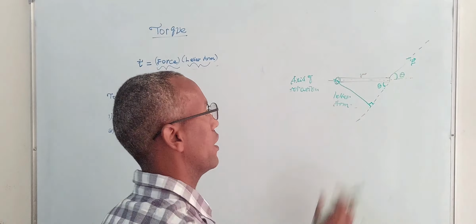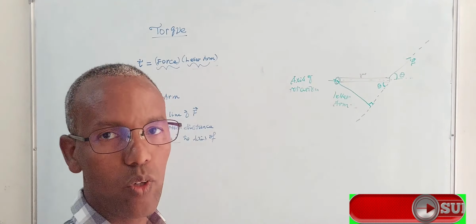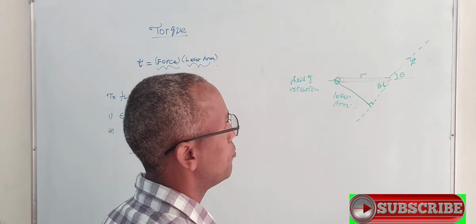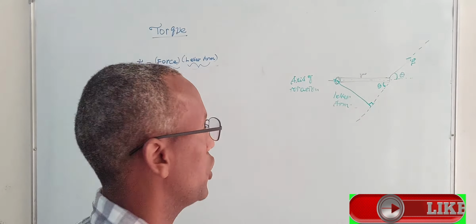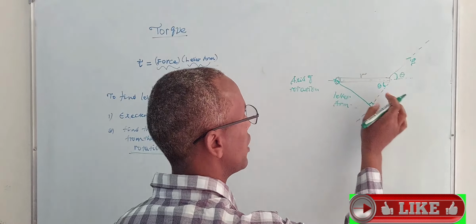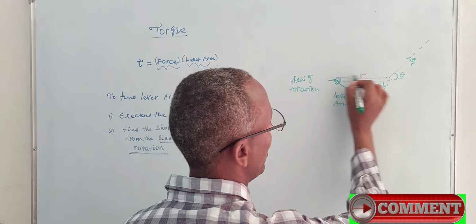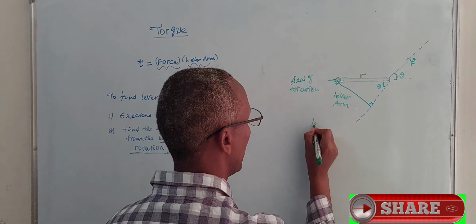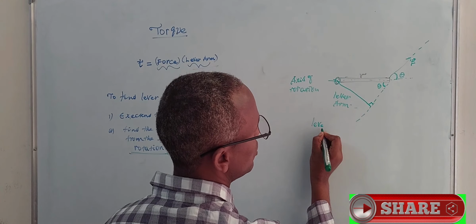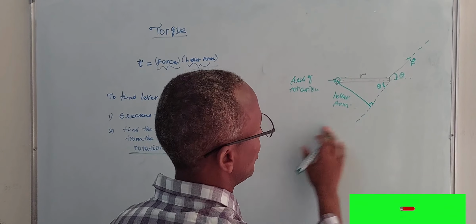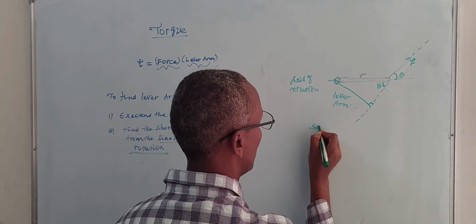I know this is a right-angle triangle. So now using a trigonometric relationship, this is the adjacent, this is the opposite, and this is the hypotenuse, right?